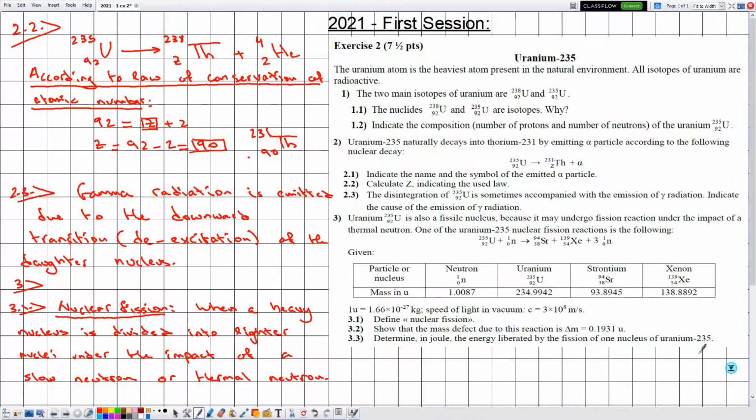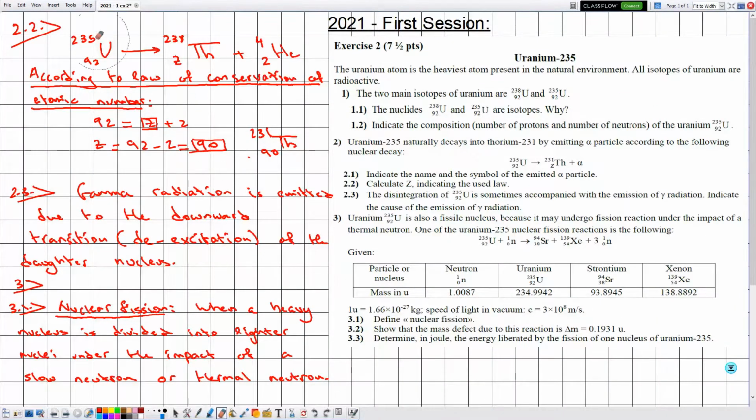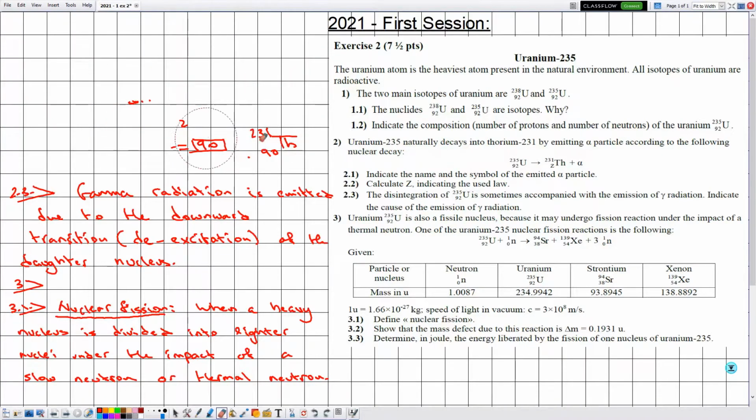Now in 3.2 they are telling us to show that the mass defect due to this reaction is given by that. Now we know that the formula of the mass defect, which is defined by delta M, is the mass before minus mass after.